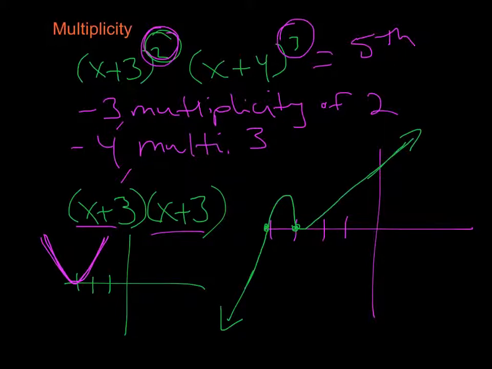But when you're looking at your graphing calculator, you're looking for those 5 roots, and later we're going to make sure that there aren't any imaginary roots kind of hiding in there, because remember, imaginary roots don't appear on our graphing calculator, so to speak. So you have to have a little bit of knowledge and know, okay, well, if it's cutting through, it's an odd number, and if it's bouncing off, it's an even number.